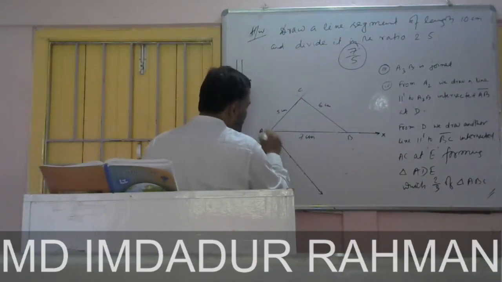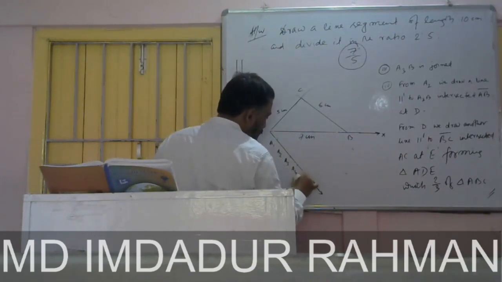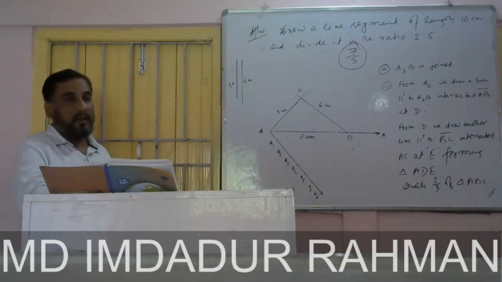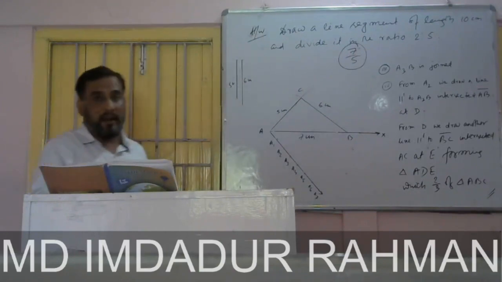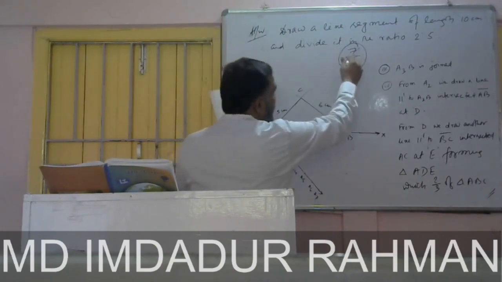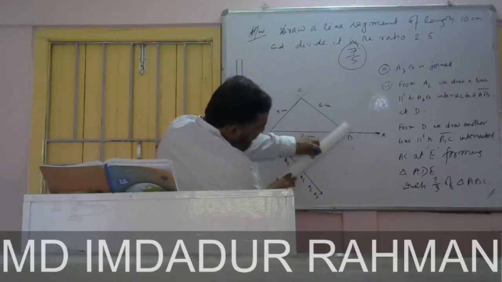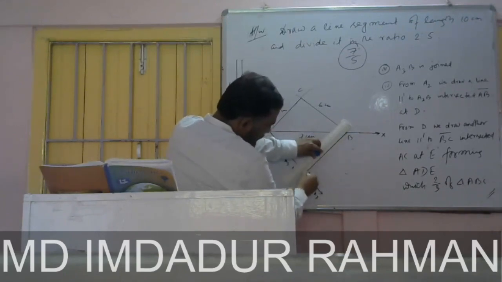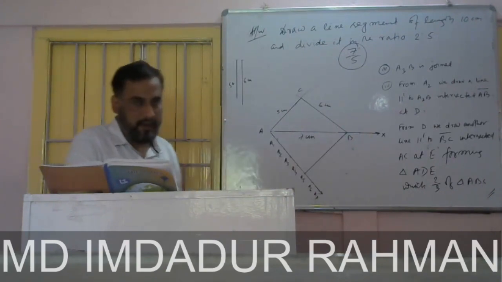So name here A1, A2, A3, A4, A5, A6, A7. Now what to do? If it is improper, what is in the numerator, the denominator will join from here. Earlier it was 2 by 3, now it is 7 by 5. So denominator is 5, so we will join from A5. You remember this point. Okay? So I have joined from A5 to B.